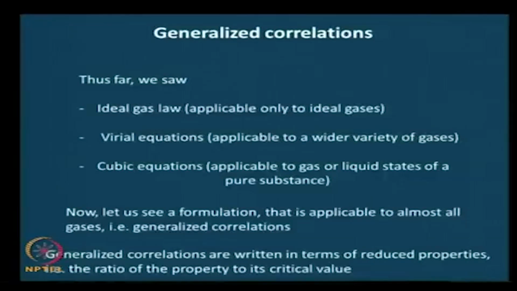As we go along, the generality of this particular use will become very apparent, but let us start with the definitions themselves. Reduced pressure, represented as PR, is defined as the actual pressure to the critical pressure.